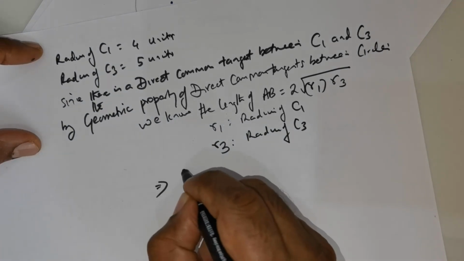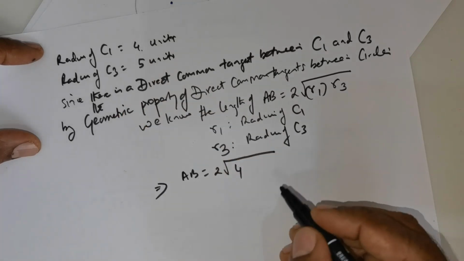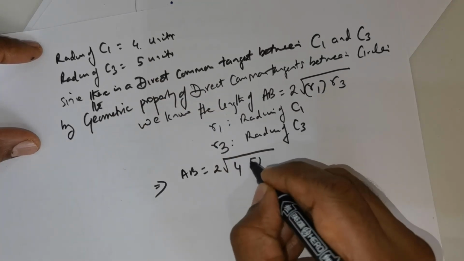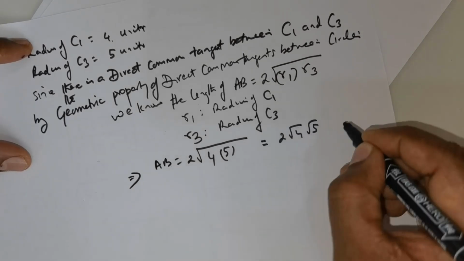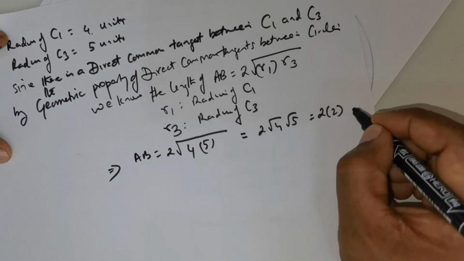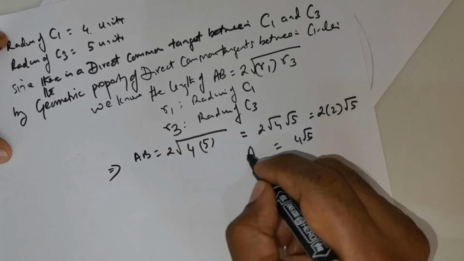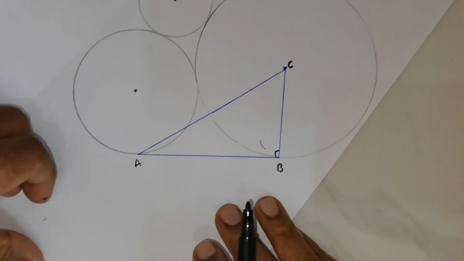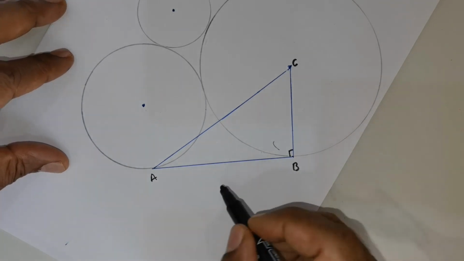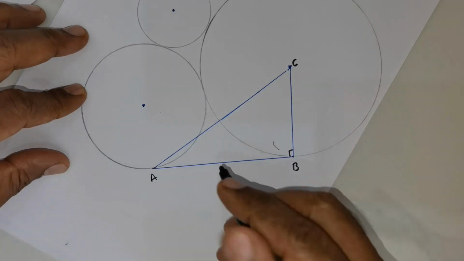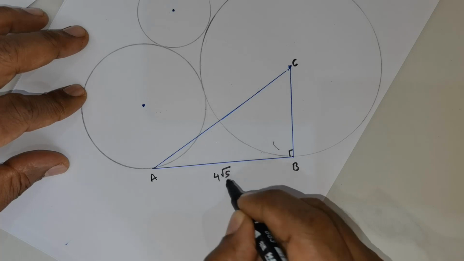So this would imply my AB is equal to 2 times root of 4 units and 5 units. So this is equal to 2 times root of 4 times root of 5, which is equal to 2 times 2 times root of 5, which is equal to 4 times root of 5. So this is the length of AB. So let me go back to the figure. From the figure, we have got the length of AB to be equal to 4 times root of 5.